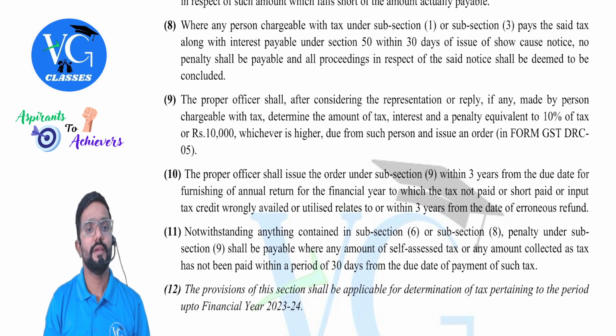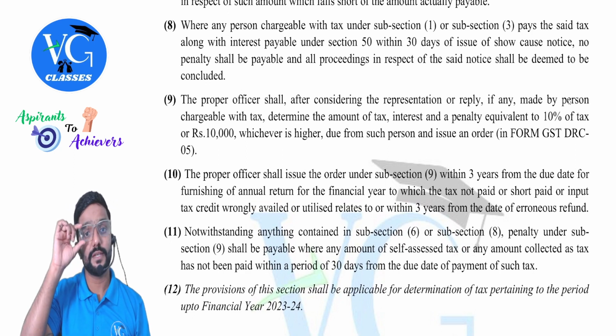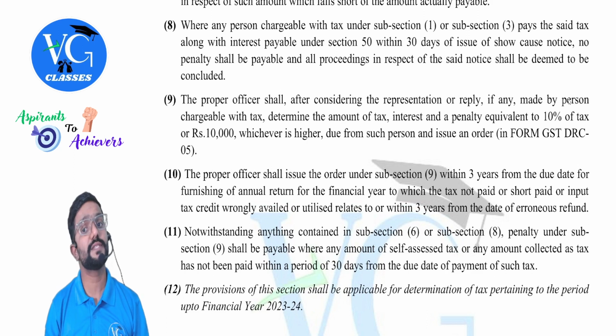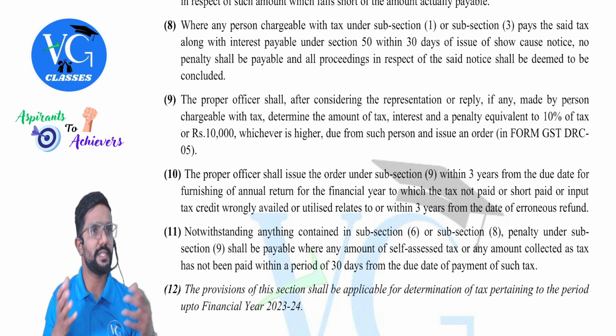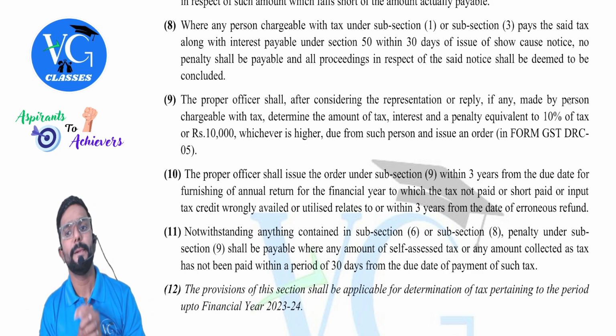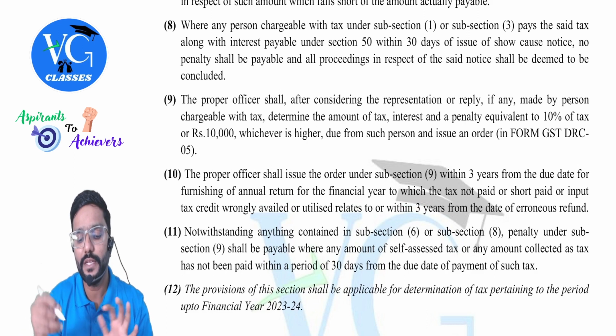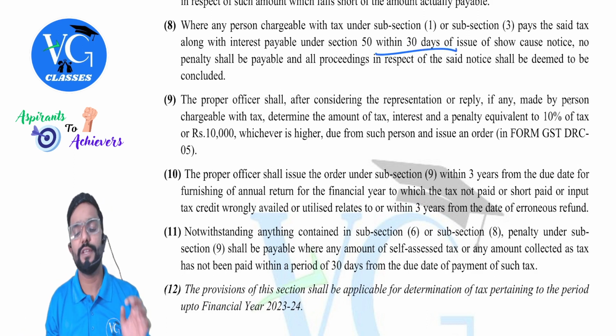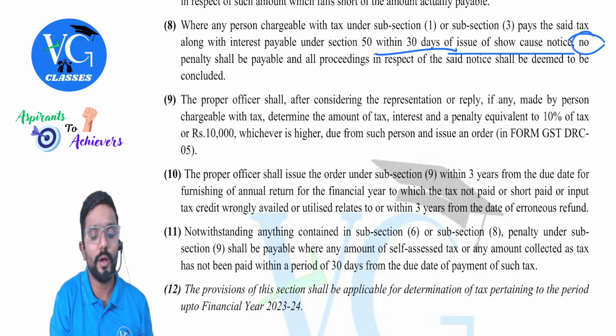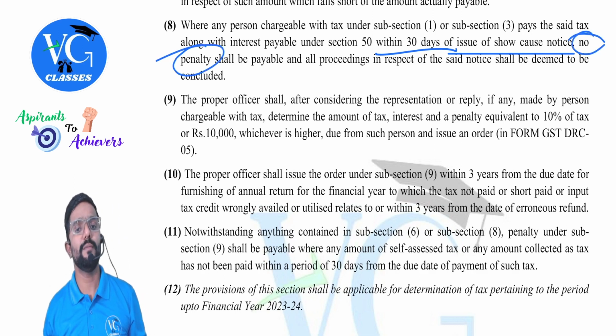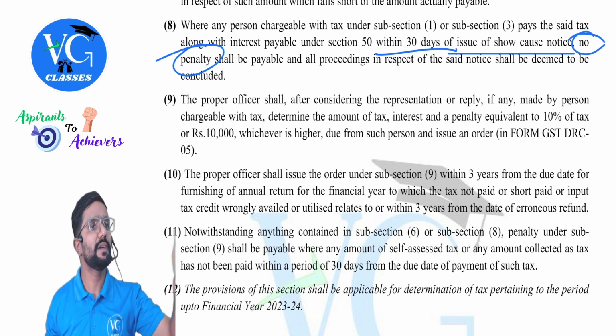Subsection 8. Where any person chargeable with tax under subsection 1 or subsection 3, that is notice or statement, pays the said tax along with interest payable under section 50 within 30 days of issuance of show cause notice, no penalty shall be payable, and all the proceedings in respect of said notice shall be deemed to be concluded.